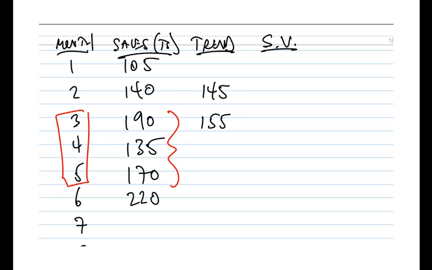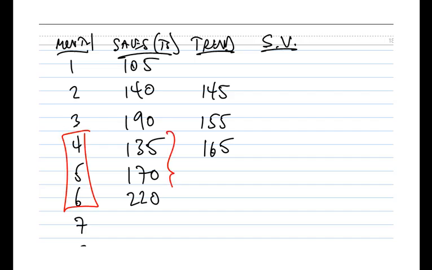Average those 3 figures, we get a trend figure of 165. And then the last trend figure I can work out is for months 4, 5 and 6. So if I add up 135, 170 and 220 and divide by 3, that gives me a moving average figure of 175, or a trend figure of 175.